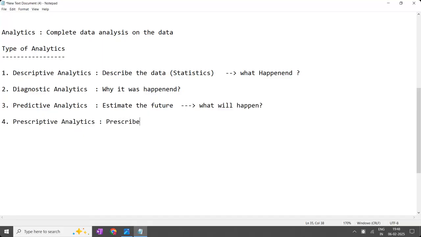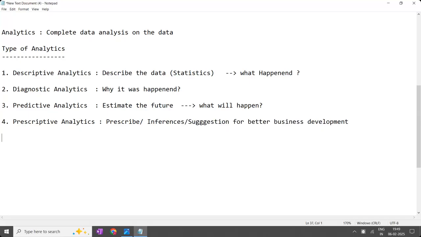You are going to give your inference, from your point of view, what are the suggestions for getting a better answer, for a better solution or for better business development. Okay, so these are the 4 different types of analytics.